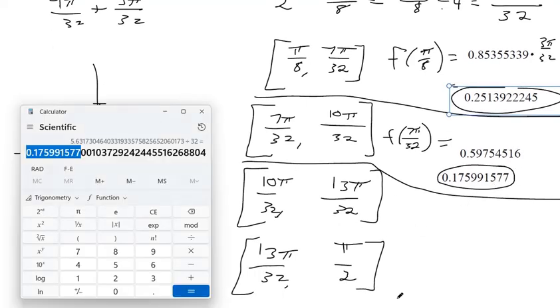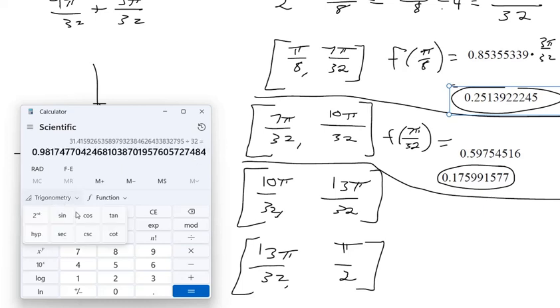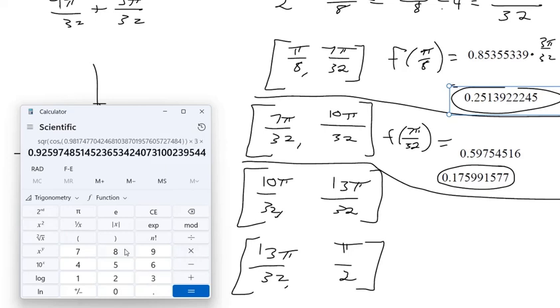If we keep going in this fashion, for the next one we need 10 pi divided by 32, put that in cosine, square the result, and then multiply that by the width, 3 pi over 32.